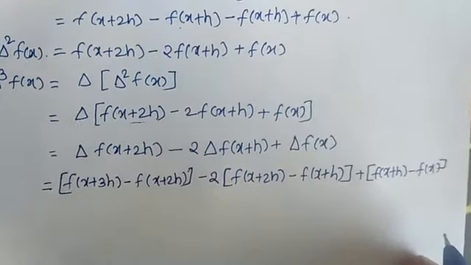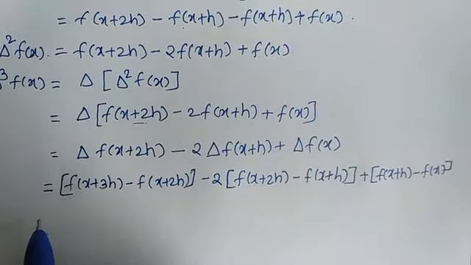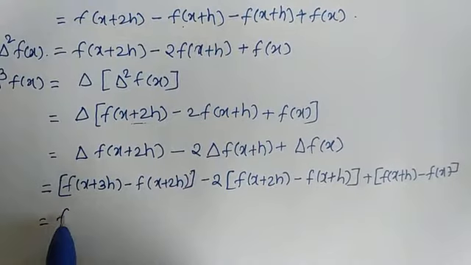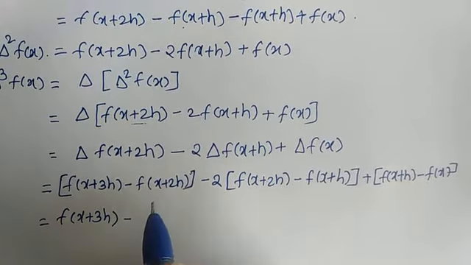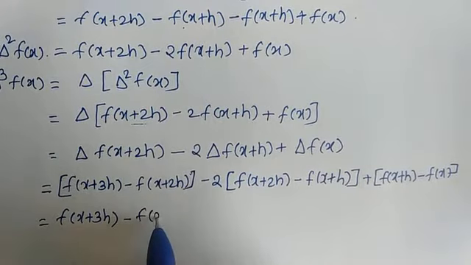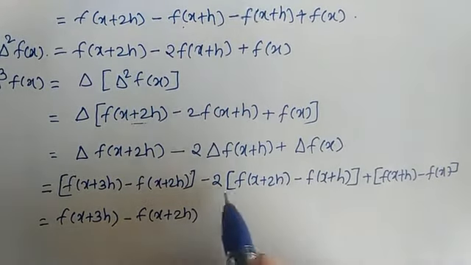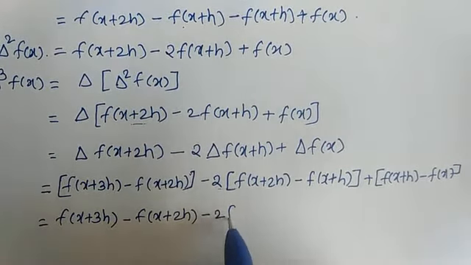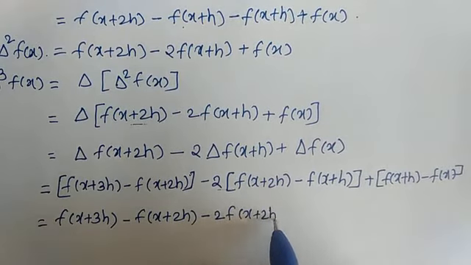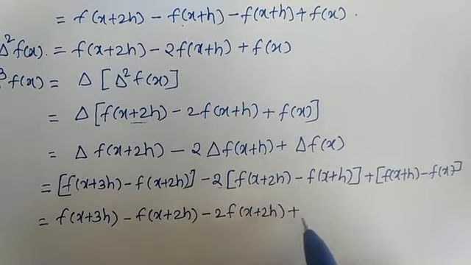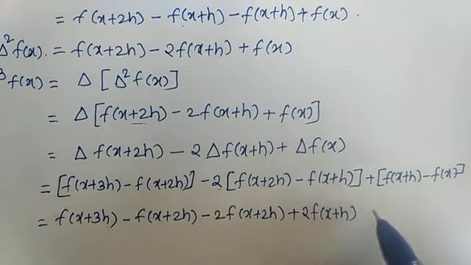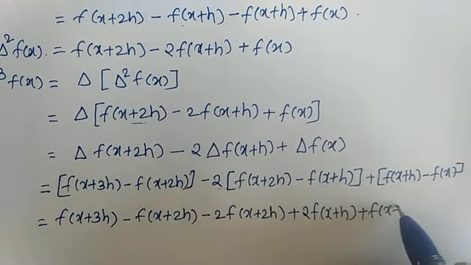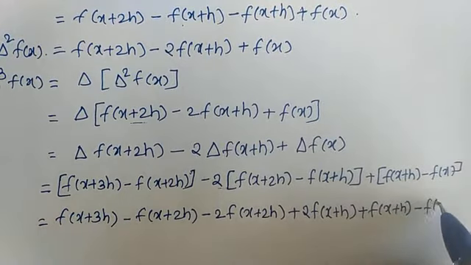Okay, which is equal to, removing the bracket terms, f of x plus 3h minus f of x plus 2h. Here it will be minus twice f of x plus 2h plus twice f of x plus h plus f of x plus h minus f of x.